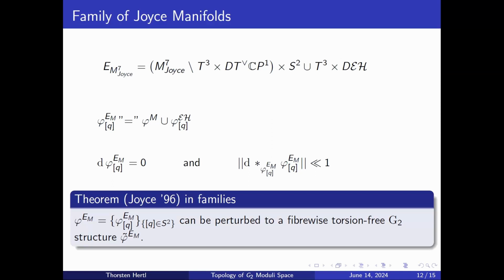So here on the left-hand side, we removed the trivial product of T*CP1 times S2. We chop it off, and instead glue in the twisted family.